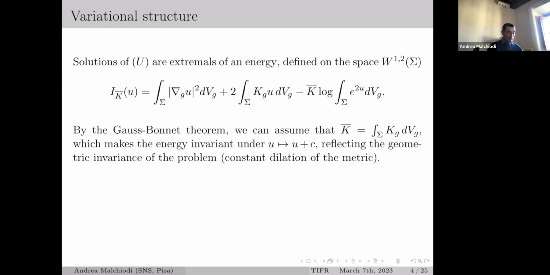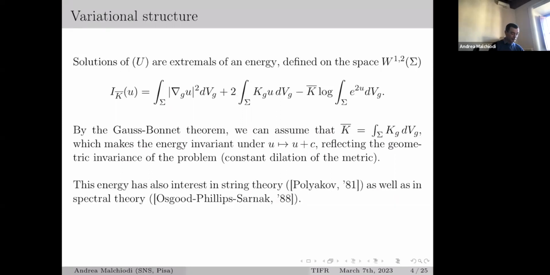Okay, so by Gauss-Bonnet, I can assume that the constant K bar in the right-hand side of the equation is the integral of the Gaussian curvature of the surface. And this makes the energy invariant if you add constants to u. So this reflects somehow the geometric invariance by dilation of the problem.